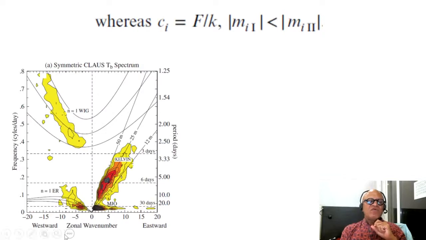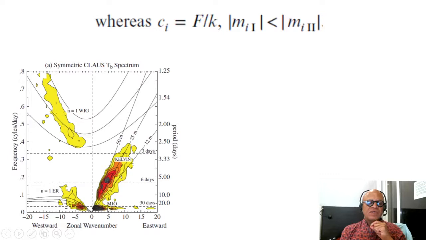We had seen before, when we looked at the cloud top temperature variance, in the spectral wave number frequency diagram, we had the westward internal gravity waves, equatorial Rossby waves, and Kelvin waves for various equivalent depths.